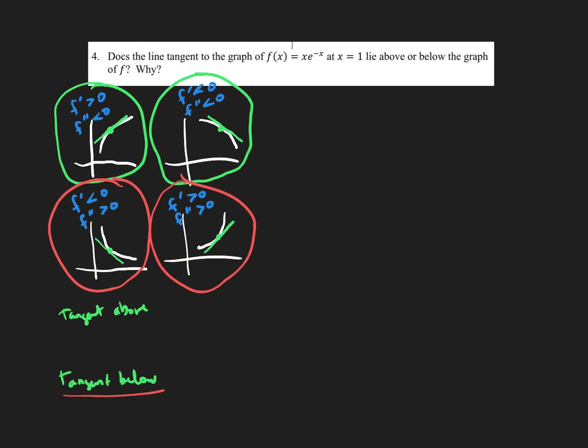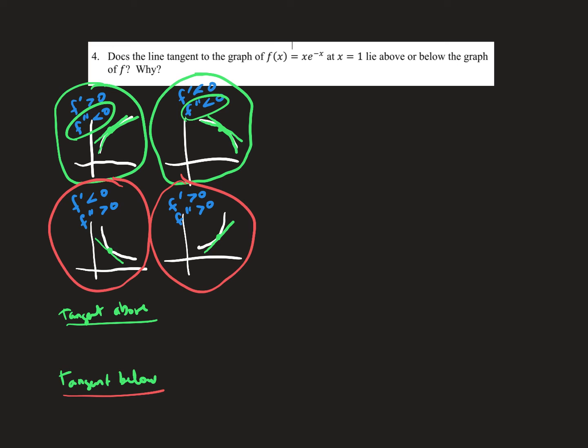So if we look at the unifying traits of the tangent line being above, both of those graphs where the tangent line falls above are concave down, which makes sense because if the graph bends downward, then anything that's straight is going to end up going above that graph because the curvature will take it below something that's straight.